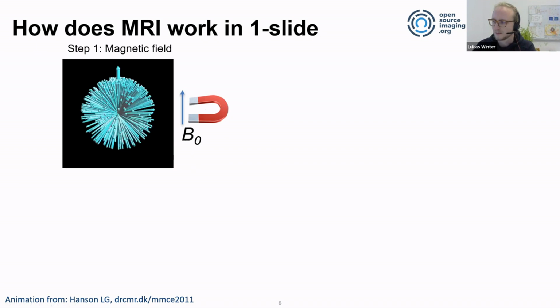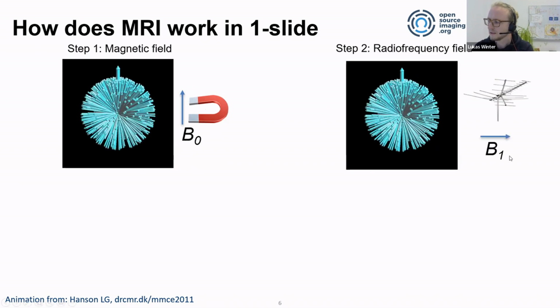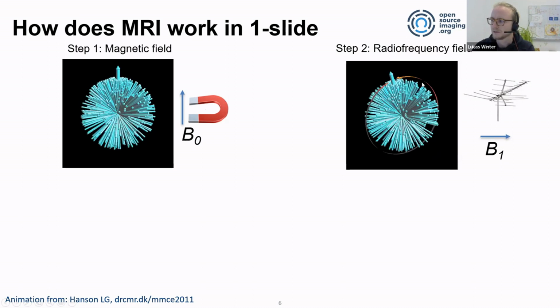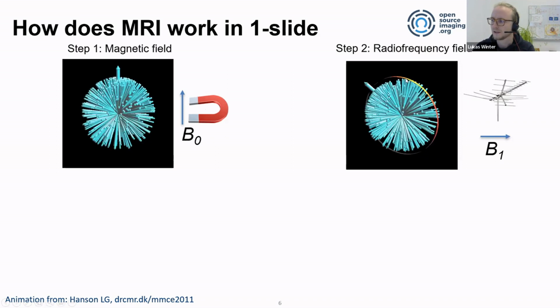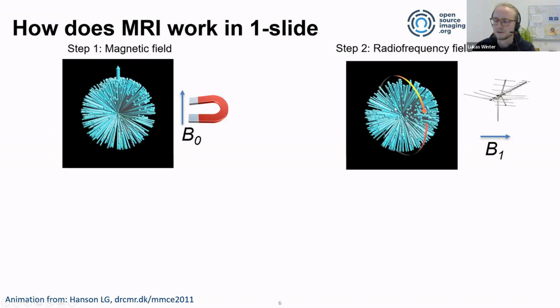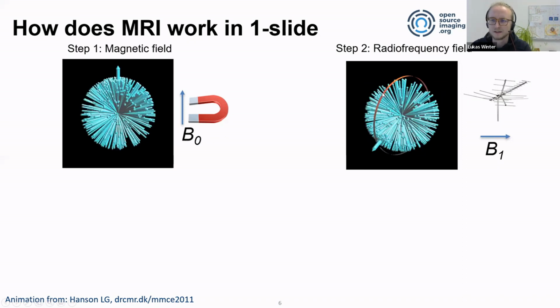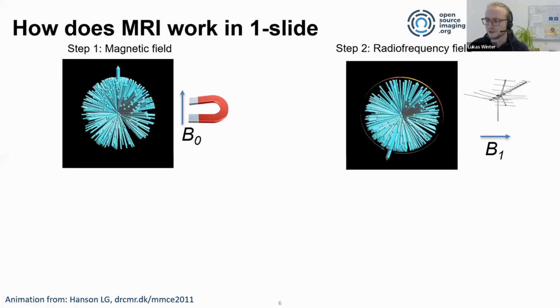Now in the second step, we add a radio frequency pulse, which we call B1, so we just need an antenna, and now we can play around with this magnetization vector. If we switch it off, it starts to relax back into equilibrium, and this depends on tissue, so we get different relaxation times and different tissue contrasts.